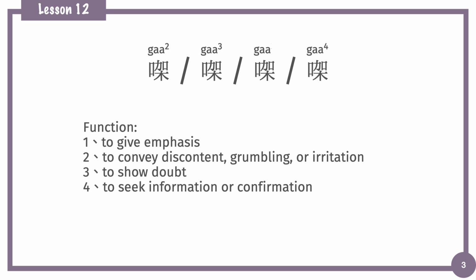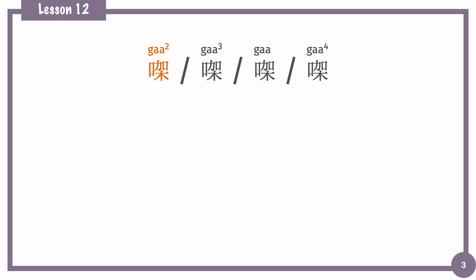Okay, then the function of 㗎 is to emphasize the sentence, to confirm the discontent, to show doubt, or to seek information and confirmation. Let's start with the second tone.